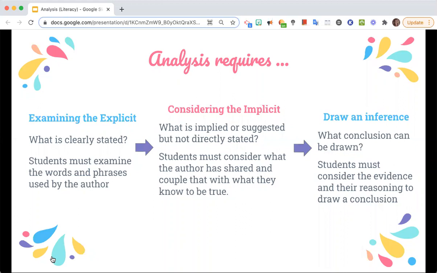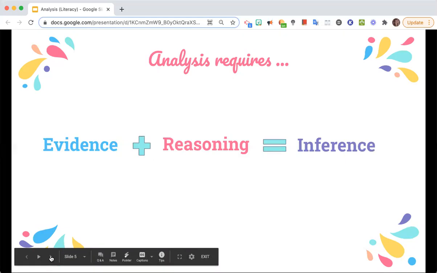And then they're going to use both the explicit evidence and the implicit evidence to draw a conclusion. So what conclusion can be drawn based on these two pieces of evidence? Here, students will consider the evidence and pair it with their reasoning in order to draw a conclusion.